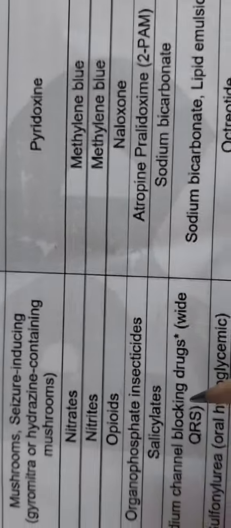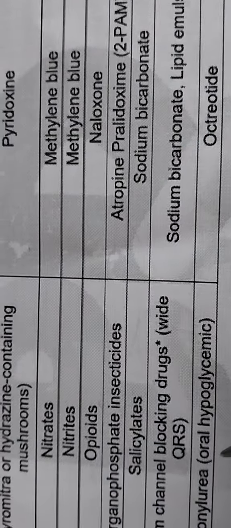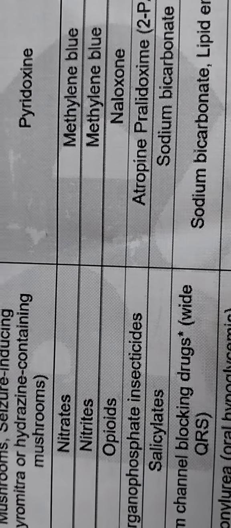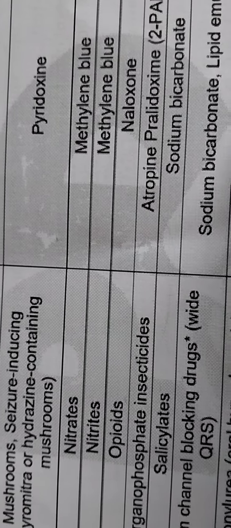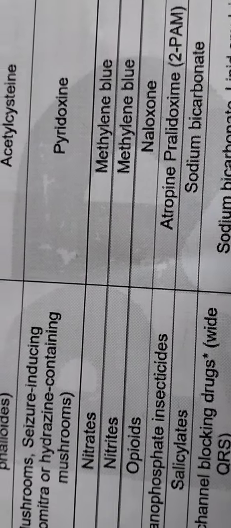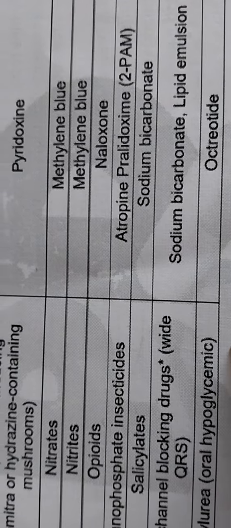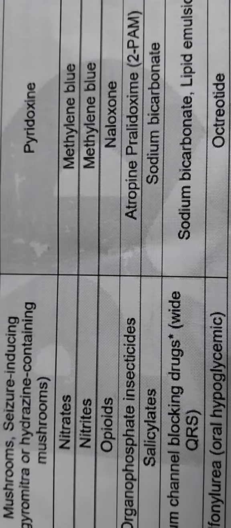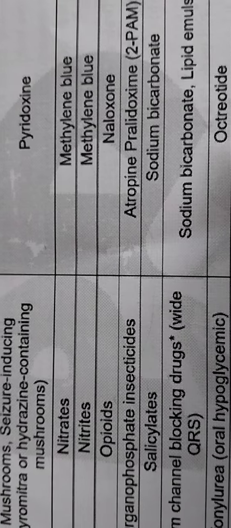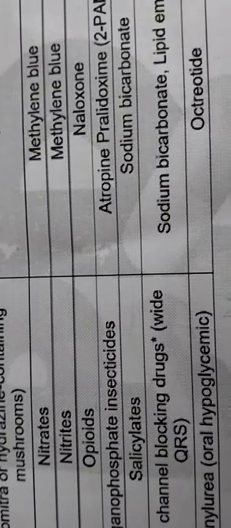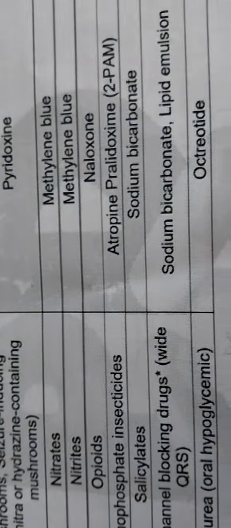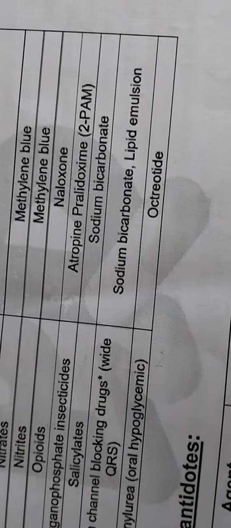Previously we also saw that sodium bicarbonate is used for sodium channel blocking drugs, and also lipid emulsion. Then for sulfonylurea, an oral hypoglycemic agent, octreotide is the antidote used. Then we saw that sodium bicarbonate is used for salicylates and for sodium channel blocking drugs.